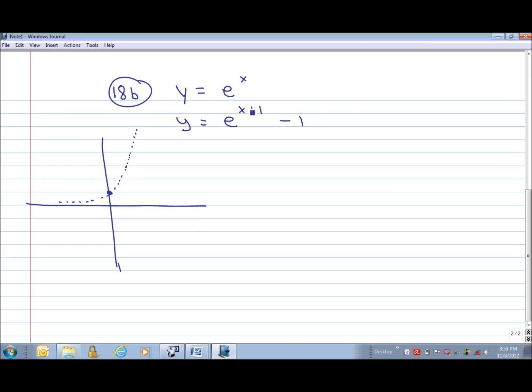Alright, and our transformations, again, this transformation right here would be left 1, and this transformation would be down 1. So we're going to go left 1 with this point and down 1, which means now we have an x-intercept at negative 1, 0.